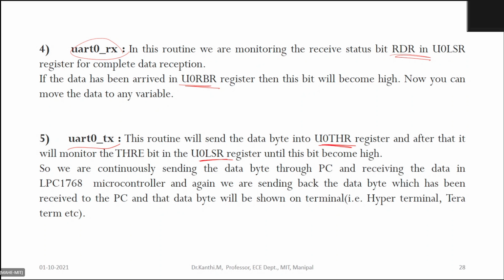How do you manage? There is a lookup table given. You need to refer to the lookup table and load the value, because I cannot straight away write that fractional data in the DLL and DLM. We'll be using a lookup table to write the specified values. That we shall see in the next class.